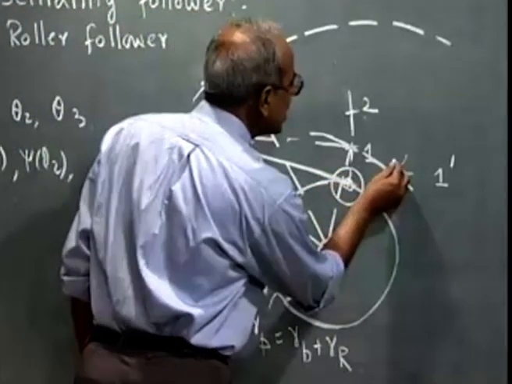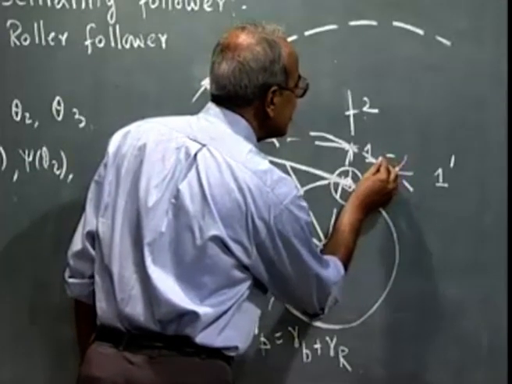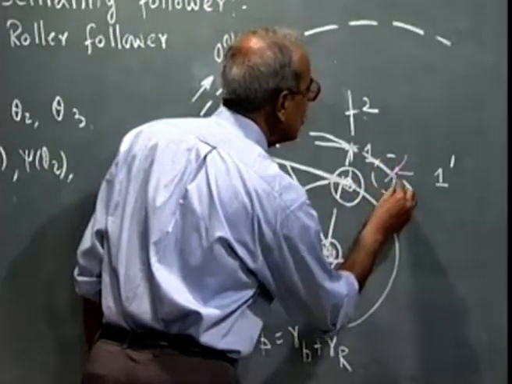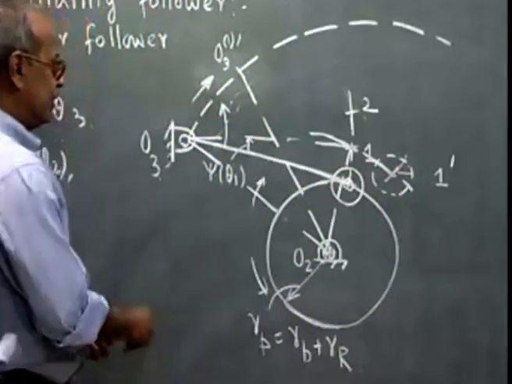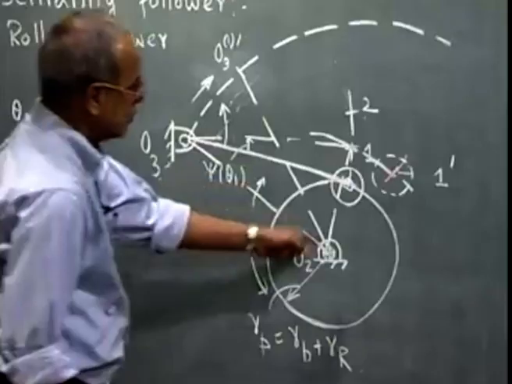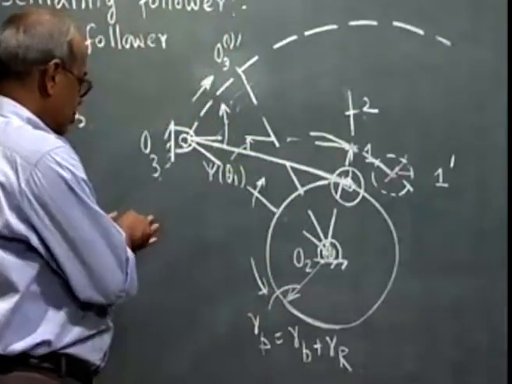So at this point I can again draw the roller whose radius is given to us. Let me again illustrate it, which corresponds to station point 2.